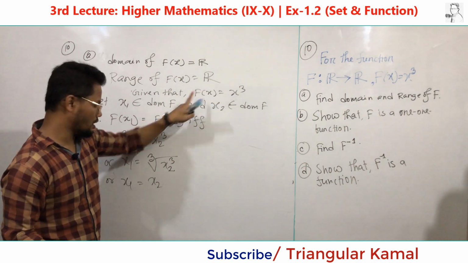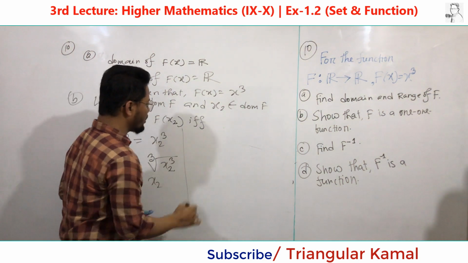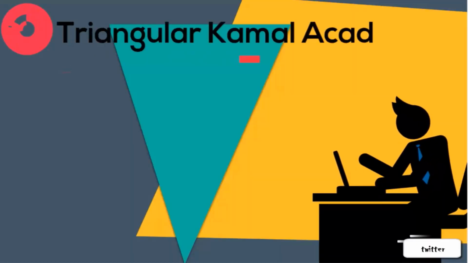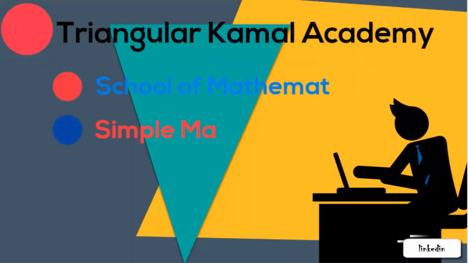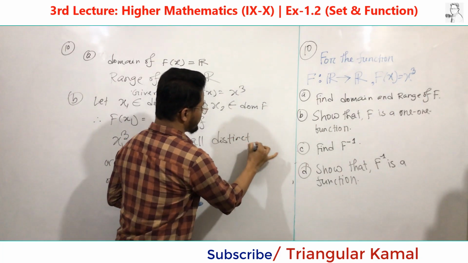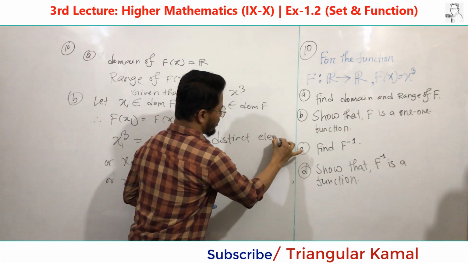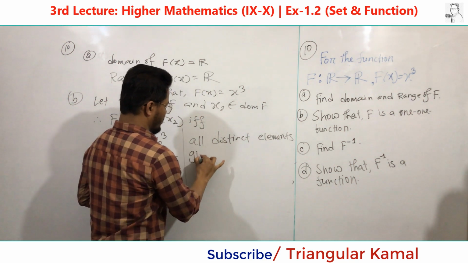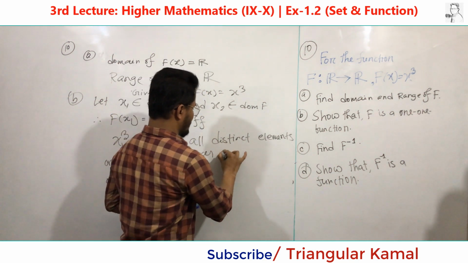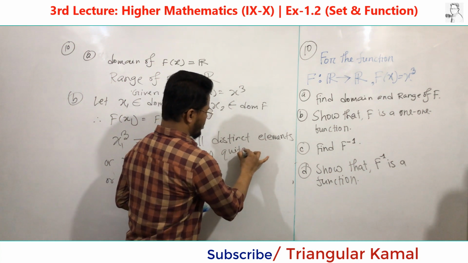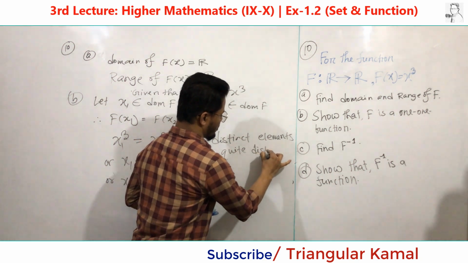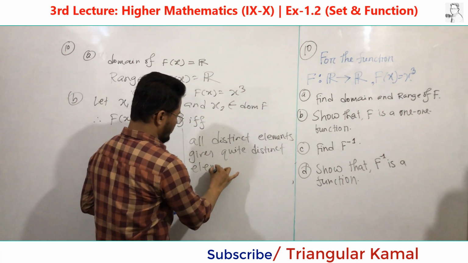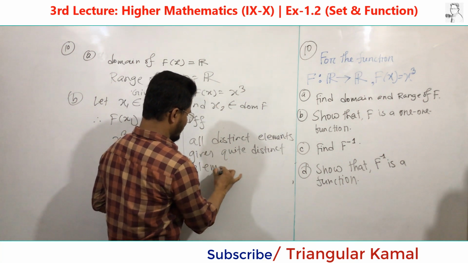is one-to-one. So you can write here all these distinct elements give distinct elements.